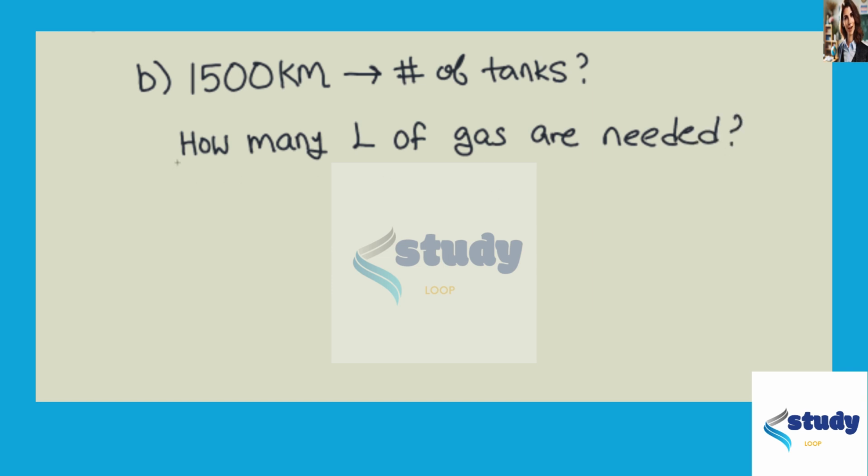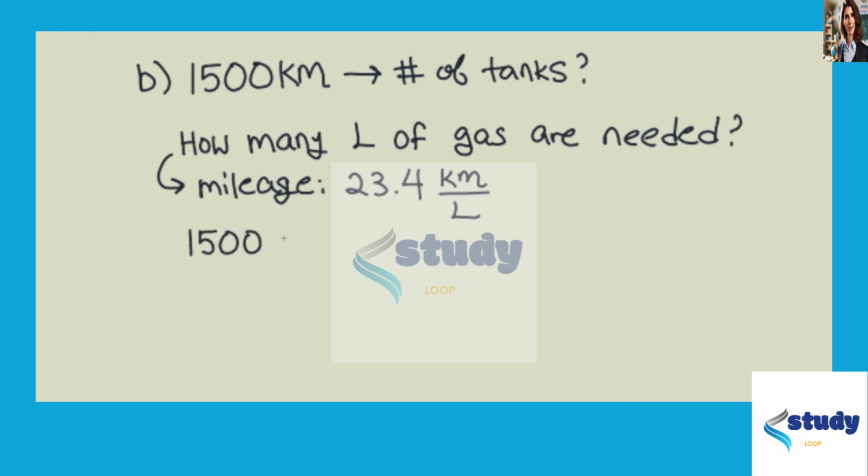So we have to use mileage in order to find out how many liters we need. Now, luckily for us, in part A, we converted our mileage in terms of kilometers per liter. So our mileage was 23.4 kilometers per liter. And you'll start to see that the strategy will look awfully similar as before.